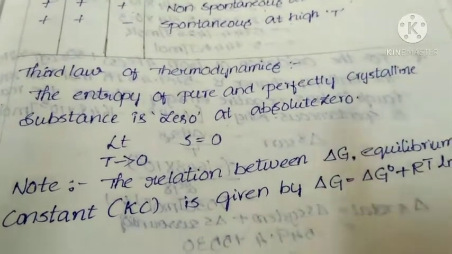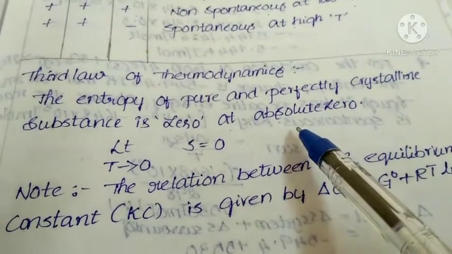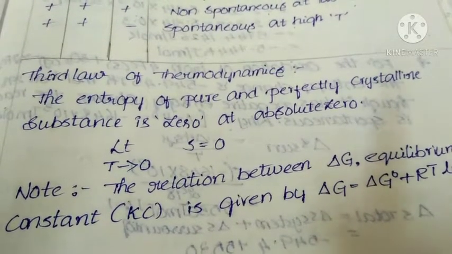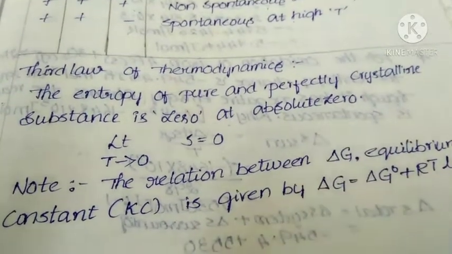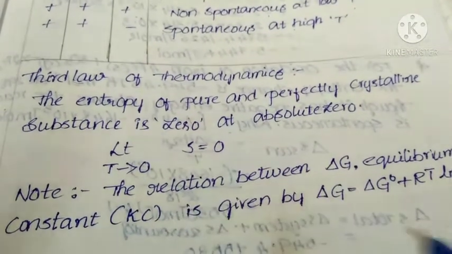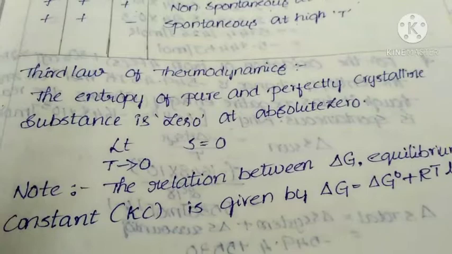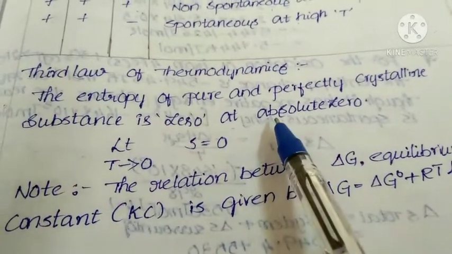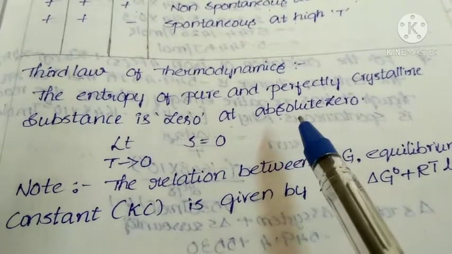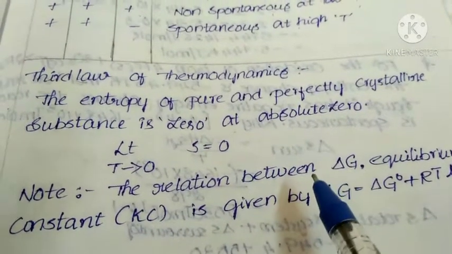Then you can imagine how low minus 273 degrees Celsius is. At that temperature only solids exist. There is no existence of liquids and gases.